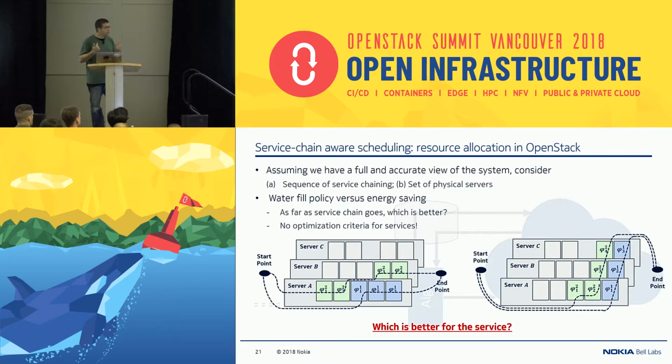Well, if you think about it, OpenStack policy refers to the premises, not to the request. It tries to optimize the resources, but nothing tries to optimize KPIs of the application itself. Okay?